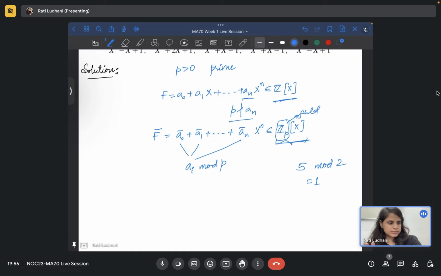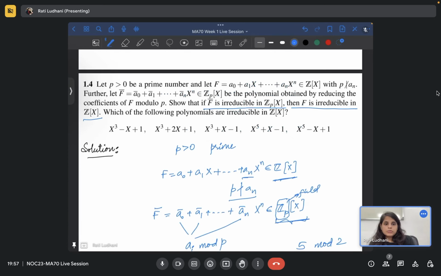In field theory, finding irreducibles is a major task. You don't even know what all the irreducibles in bigger rings are. That is also a big research problem. So basically you need to find all the irreducibles in Z[x].